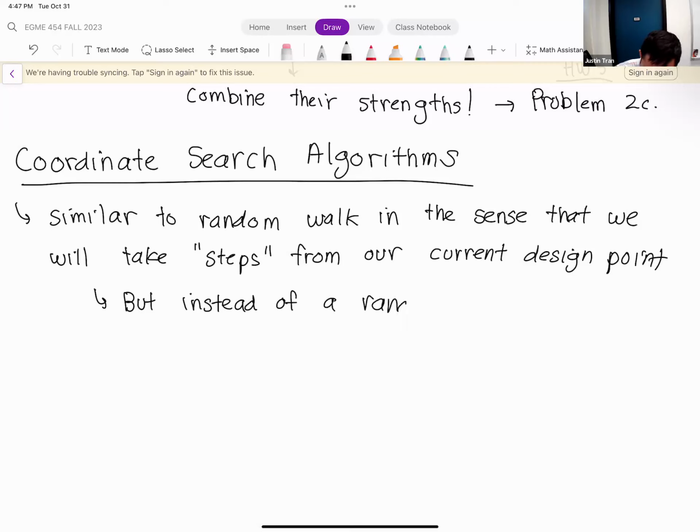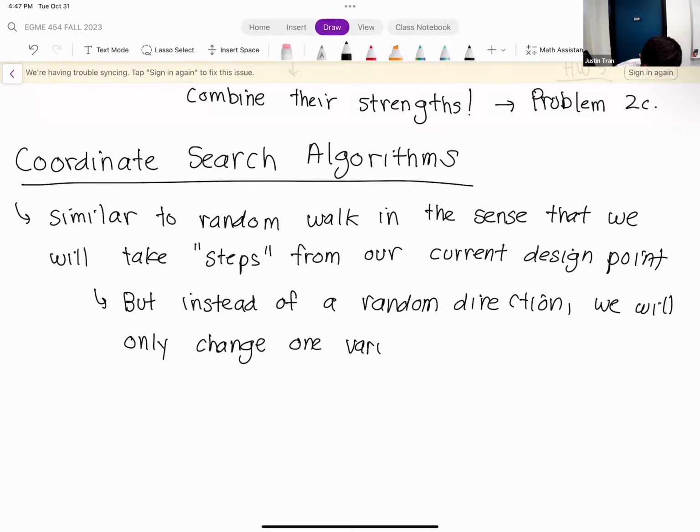But instead of a random direction, we take a lot of the randomness out of it.